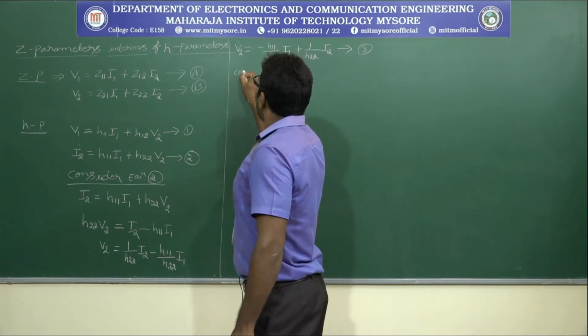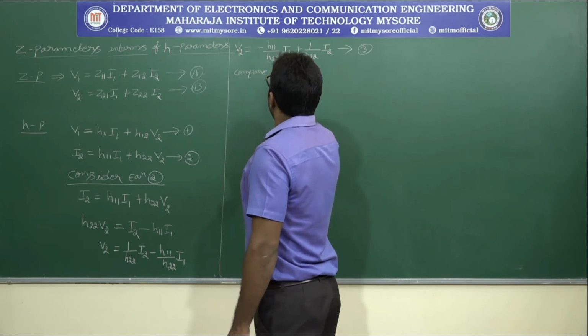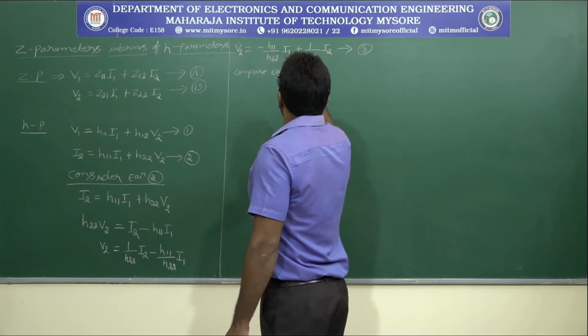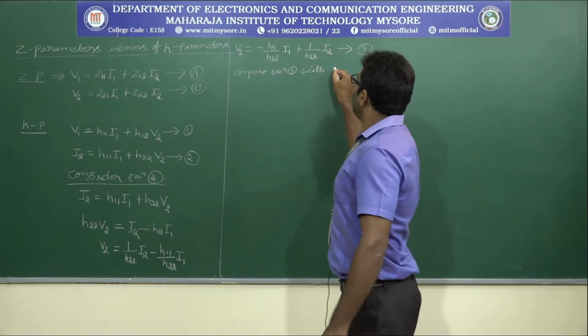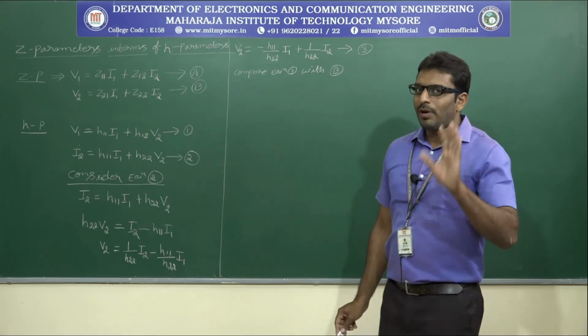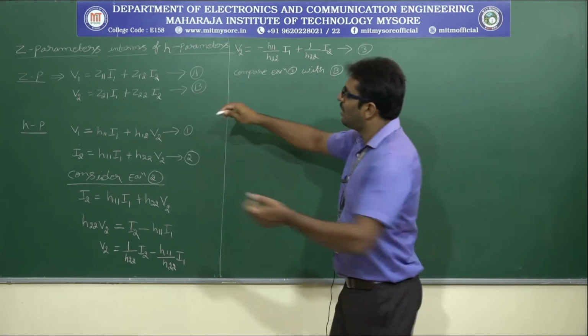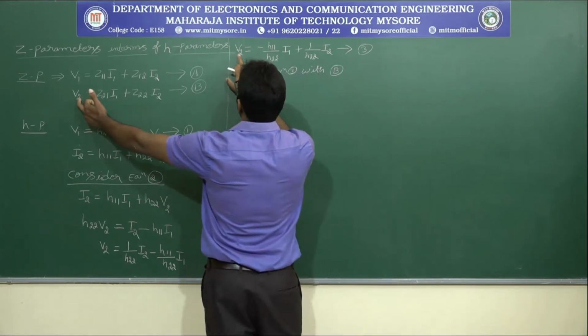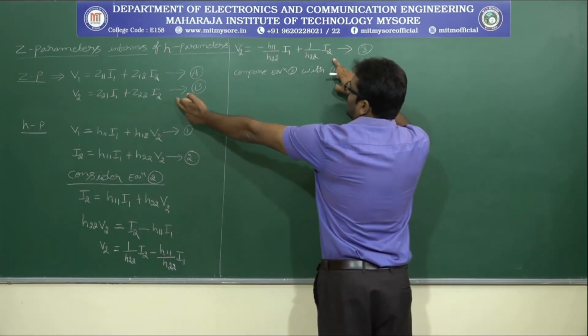Now compare equation 3 with B. Okay, now I hope all of you understood why I am comparing equation 3 with B, because the variables are the same. V2, next to I1, next to I2.